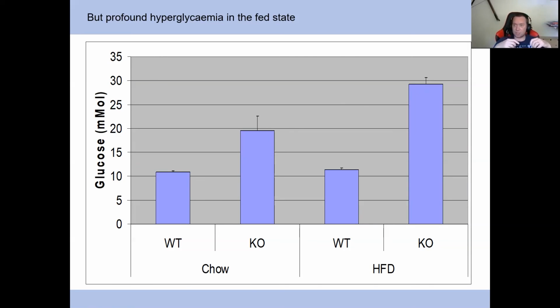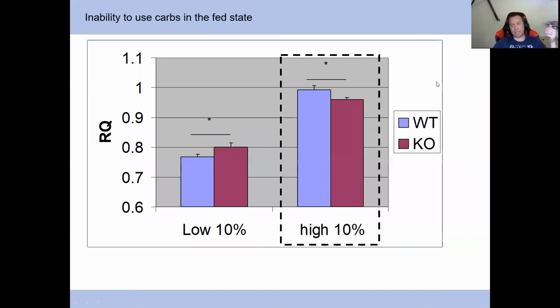All of this adds up to having too much glucose sloshing around the system. And so we get these very high fed glucose levels on chow and on high-fat diet, up to 30 millimoles. And again, this makes sense from the point of view of RQ, because the knockouts have essentially got a lower RQ in the fed state, the high 10% of values, suggesting they aren't using the glucose and it's building up in blood.